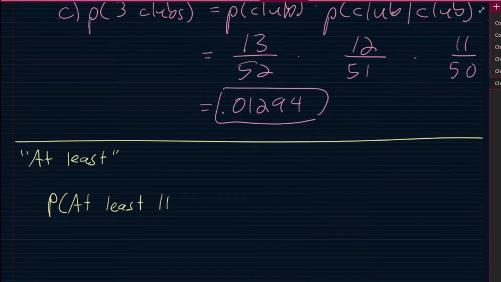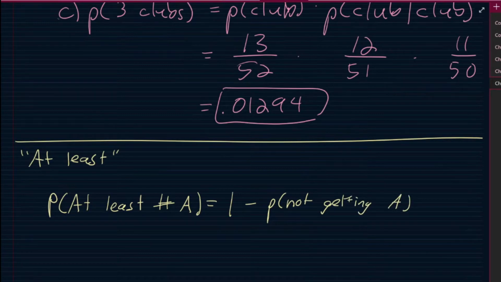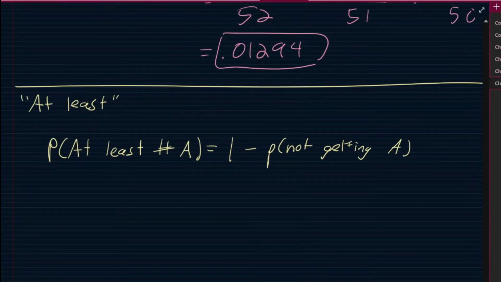And this is equal to 1 minus the probability of not getting A. So it's essentially like this. Something can either happen or not happen.